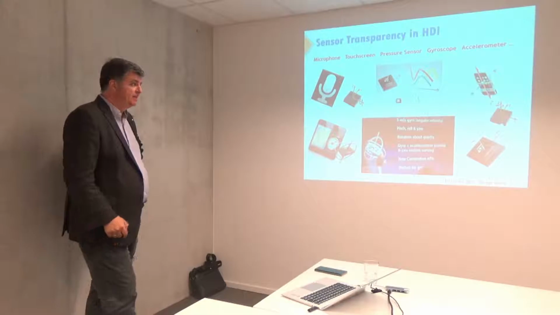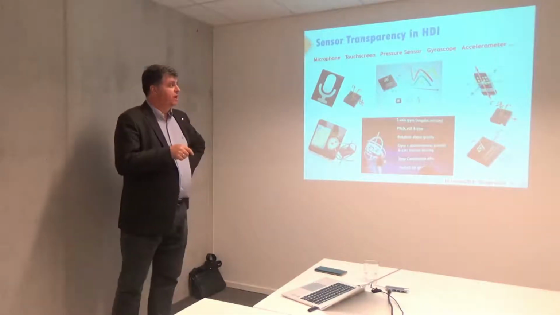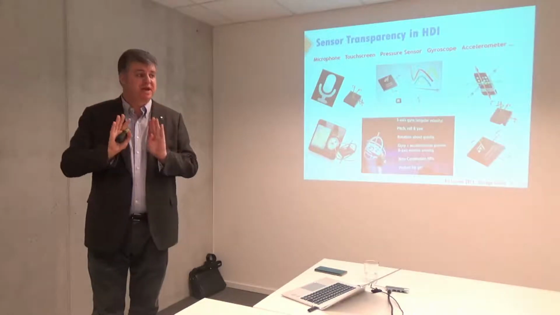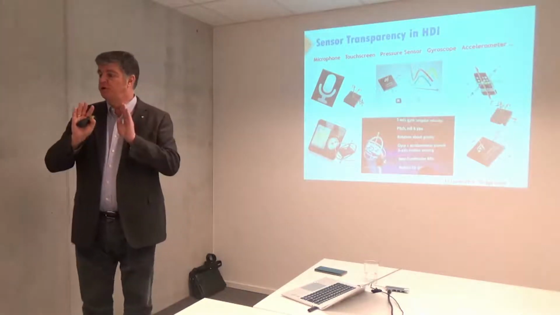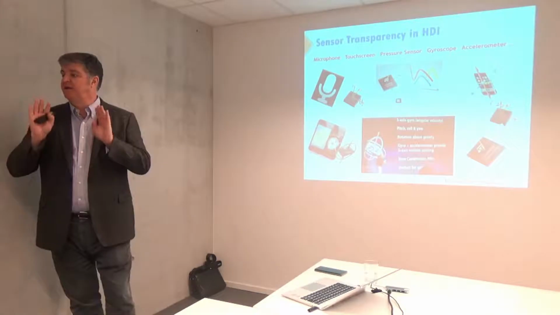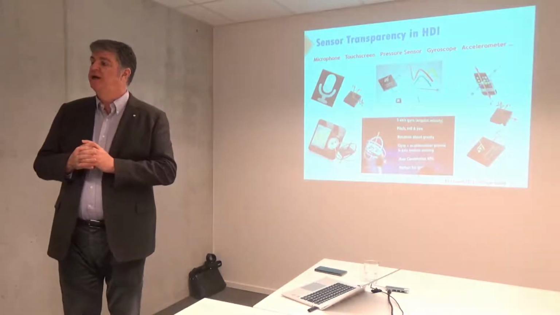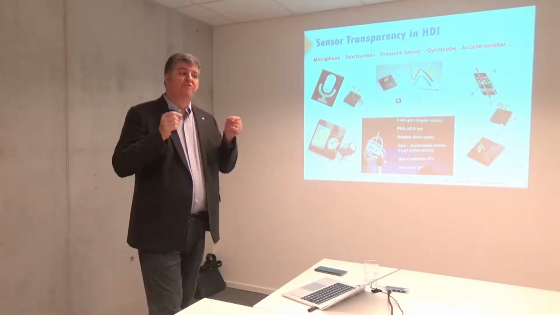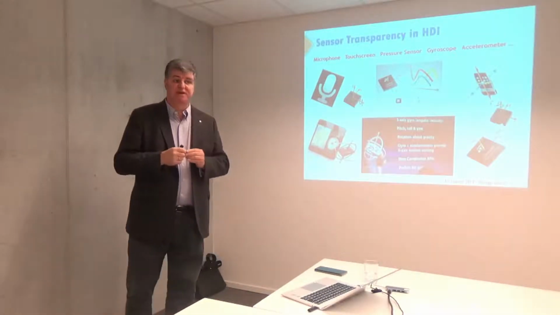Another advantage is that for human-device interaction, you may use the sensors that you already find in those devices, okay? That is what we call transparency. You don't have to go for very specific sensors.